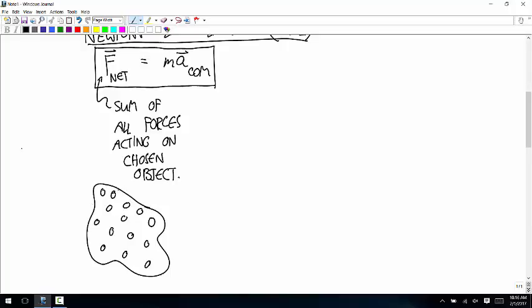The thing is, if you call this particle 1 and this particle 2, the forces that they apply to each other are equal and opposite, and both of those two forces are included in the net force. And so all internal forces cancel out. They come in Newton's third law pairs.